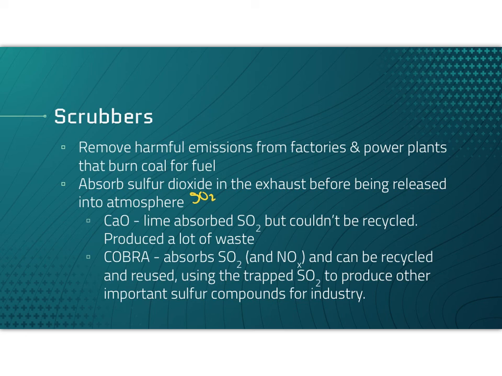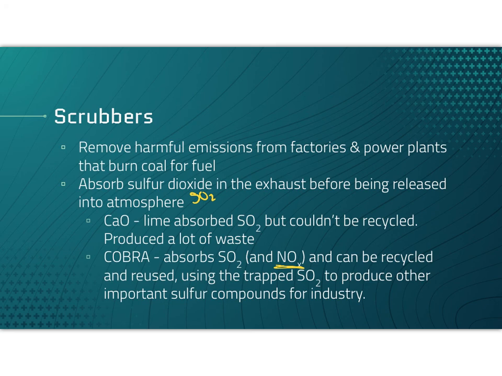It absorbed the SO2, but it couldn't be recycled, so it produced a lot of waste. After the lime had absorbed the SO2, we had to remove it and put new material in. So a new system was designed, the Cobra system. It absorbs SO2 and NOs, nitrous oxides, and it can be recycled and reused.